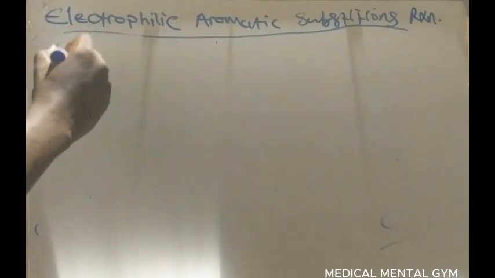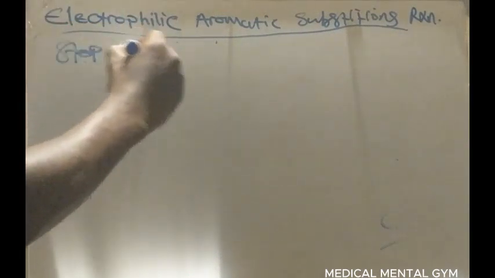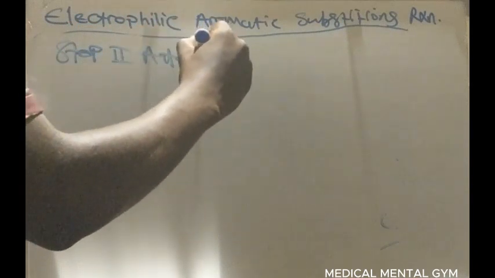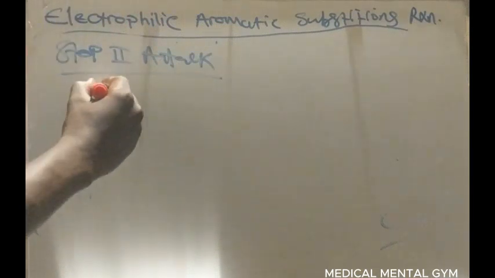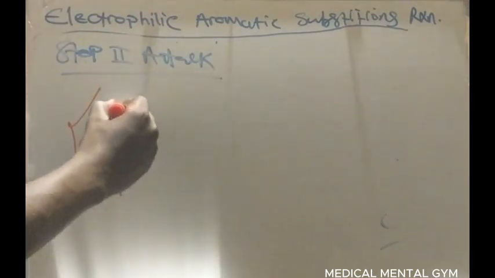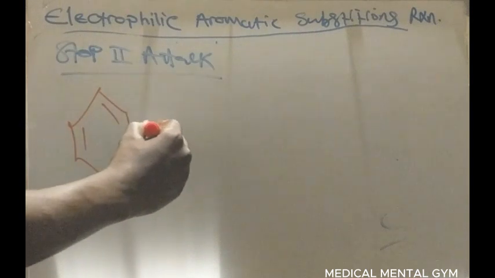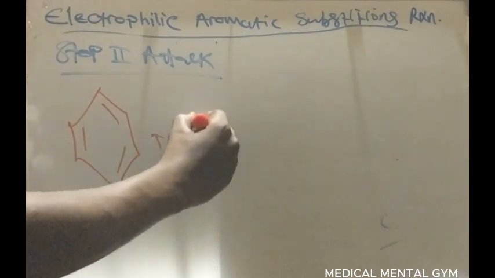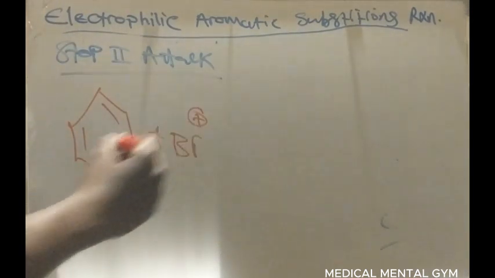The second step involves aromatic attack. In this step, we'll have our benzene ring reacting with our electrophile, which we created in step 1, the positively charged bromine ion.